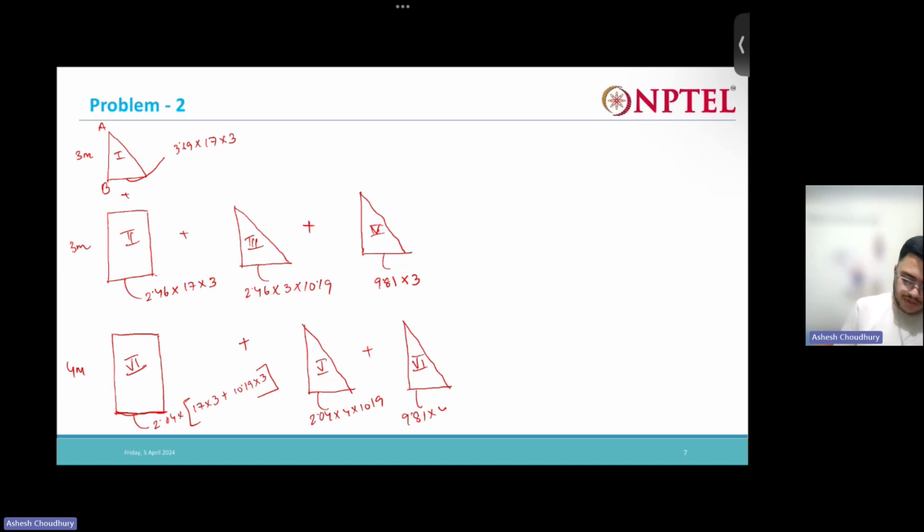So P1, I will just directly write all the values. Alright. So P1 is what? Square.